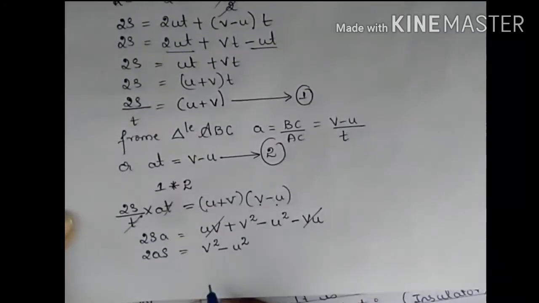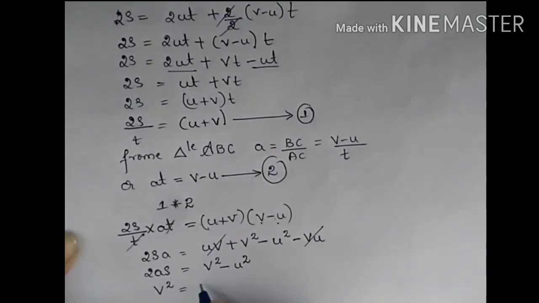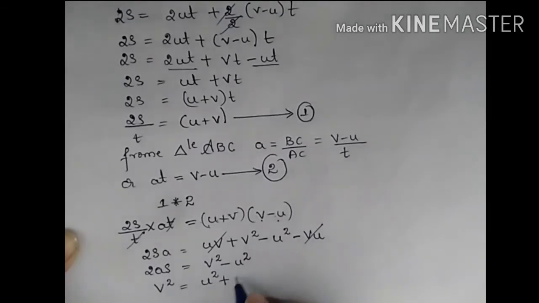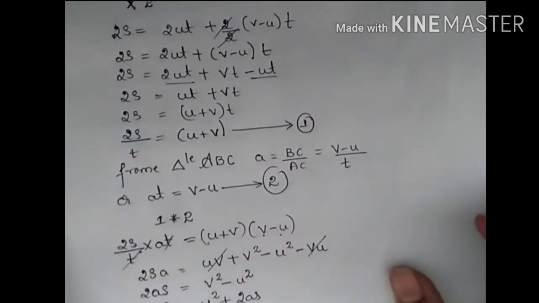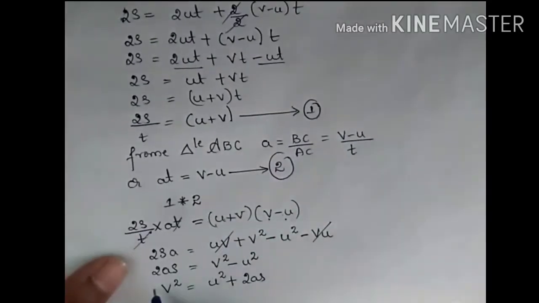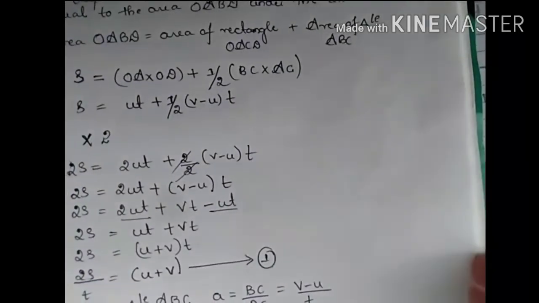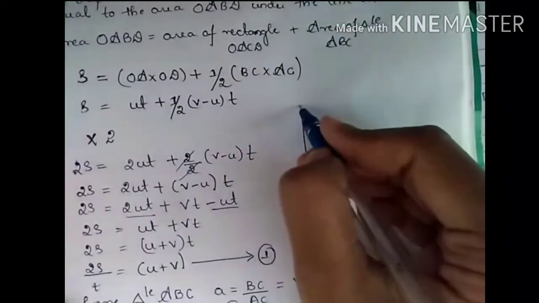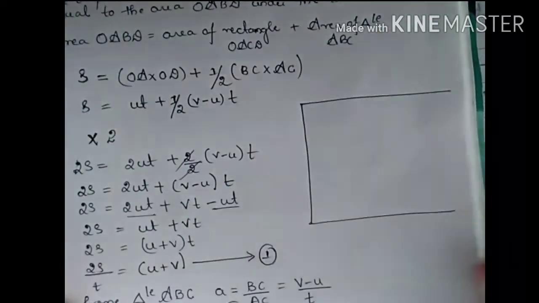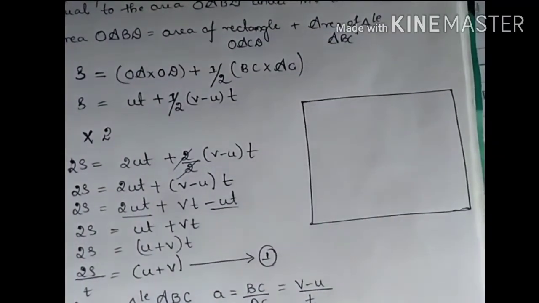So if you write this equation in terms of v, v square will be u square plus 2as. So now you understood the third kinematic equation. So overall we saw three important equations of uniformly accelerated motion.